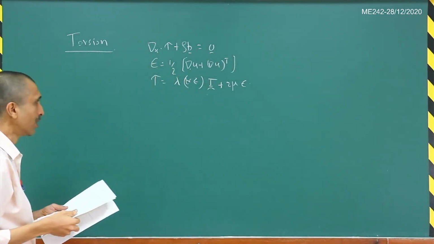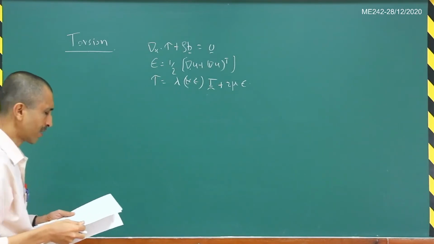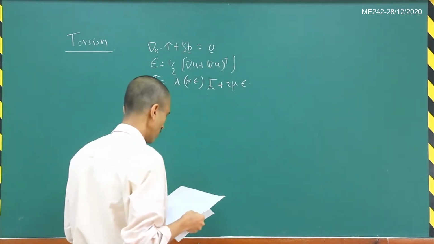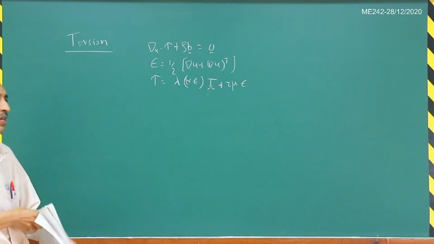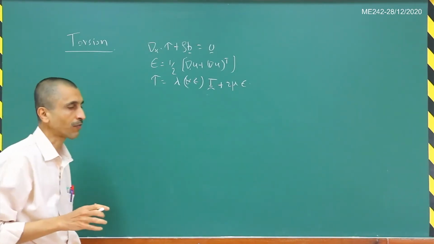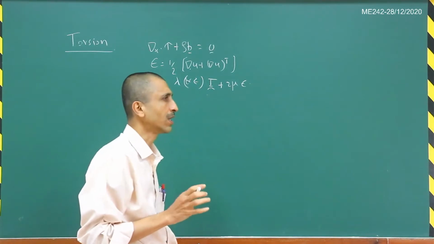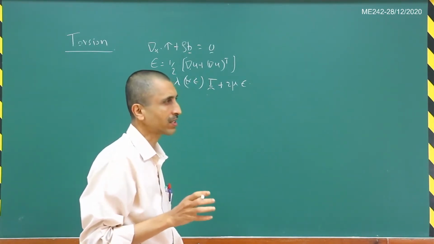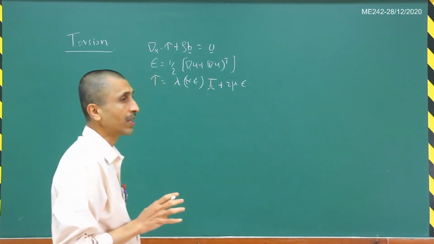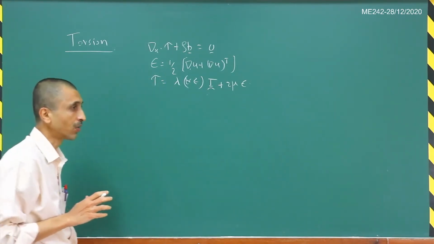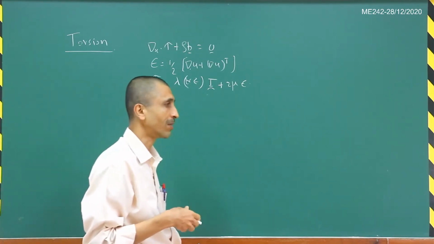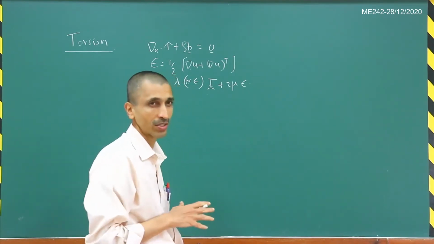And first, as I said, we will consider the exact solutions for torsion. In your strength of materials courses, you have studied the torsion of circular cylinders, maybe only solid circular cylinders and hollow circular cylinders. In this course, we will also study the torsion of non-circular cylinders, and that is going to be the main difference as compared to strength of materials.